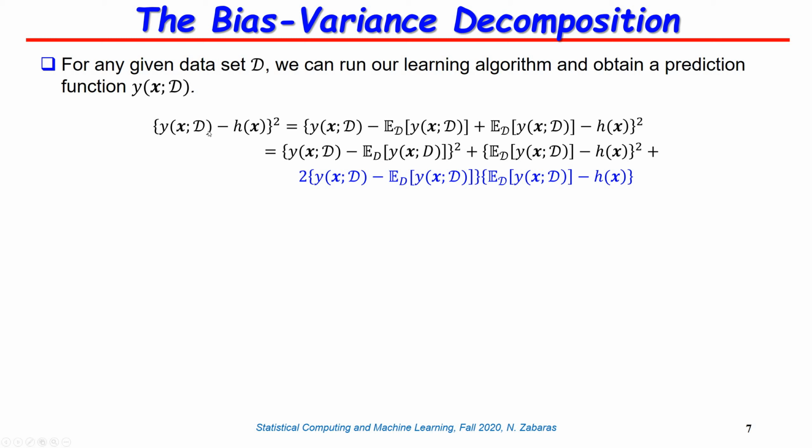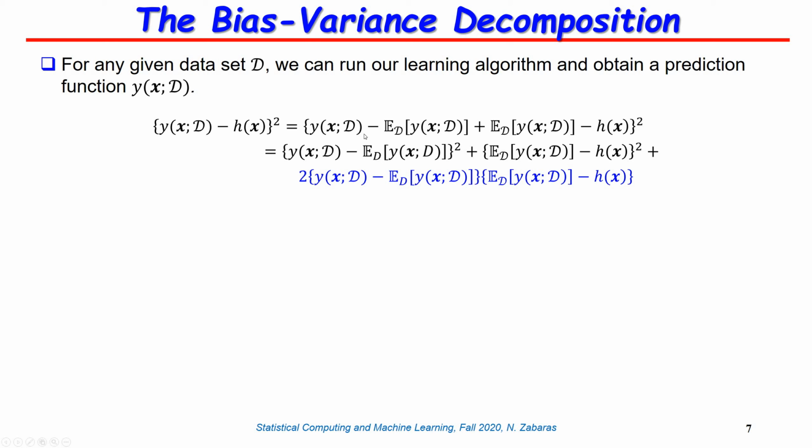So with that said, let me do some very simple algebra. I am going to run my learning algorithm and compute some regression function y for the data set D, which of course is not going to be the optimal desired h of x, which is, I remind you, the expectation of t given x. So there's going to be some loss.